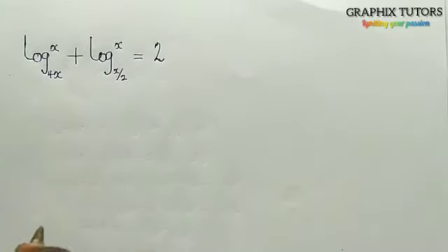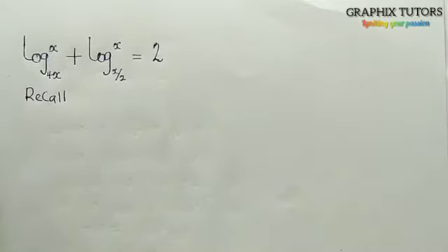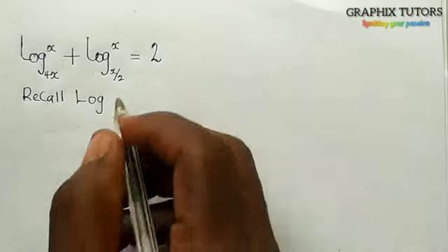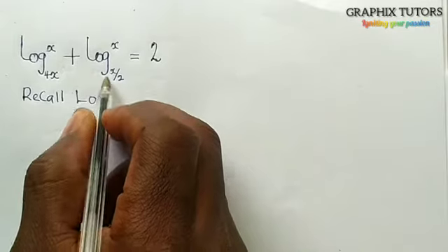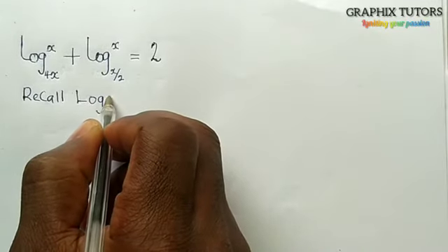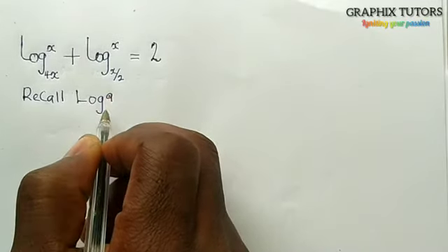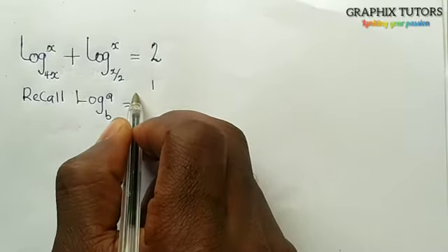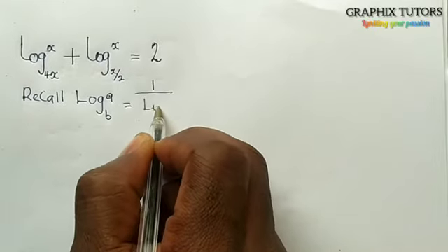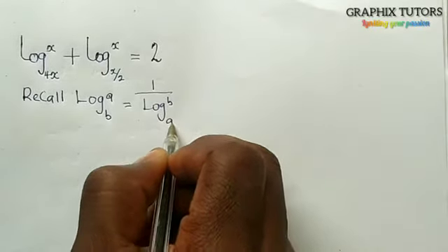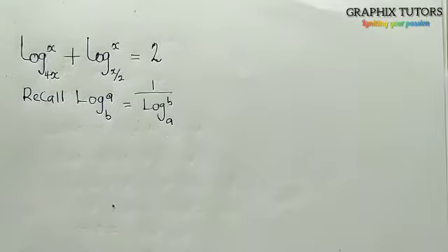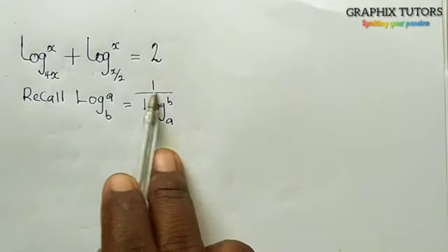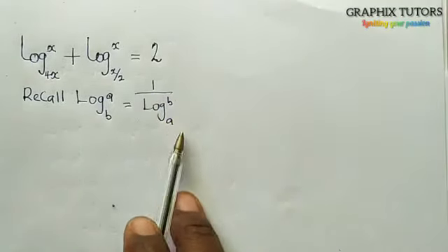There's a law that says, recall, log A to base B is equal to 1 all over log B to base A. You see? So when I introduce a 1 on it, it will change position.